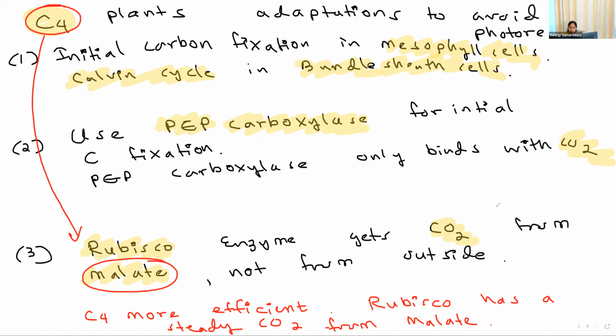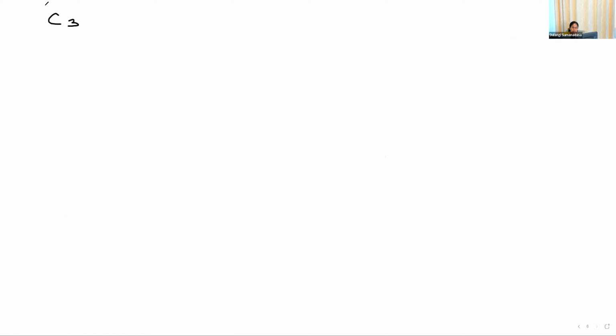Okay, I'm going to do the CAM plants, right? So we did the C3 plants. Can you write down the temperature? I did the C4 plants. Can you write down the temperature? So what is the temperature C3 plants can live in? C4. And the last one is the CAM plants. Right?